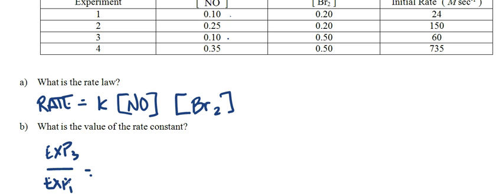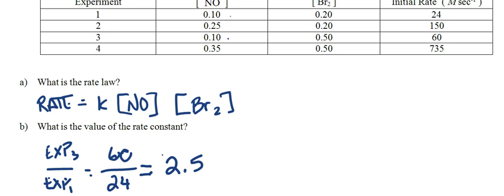So in experiment 3, we have 60 over 24, and 60 divided by 24, I believe, is 2.5. Okay? So what that is saying is that experiment 3 is 2.5 times faster than experiment 1, based on the concentrations that are given there.